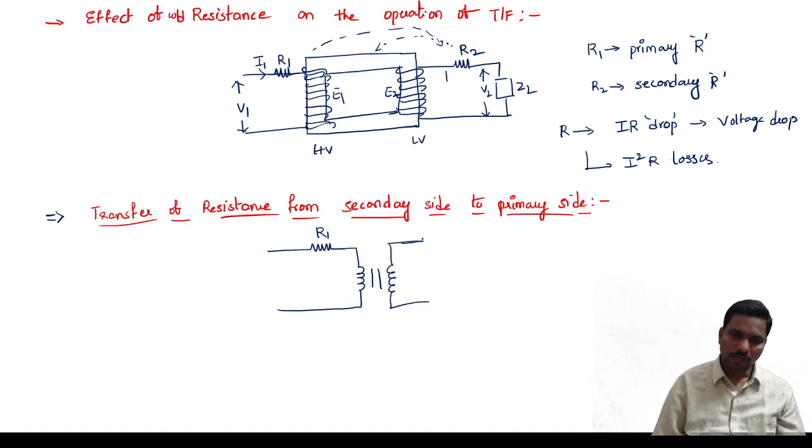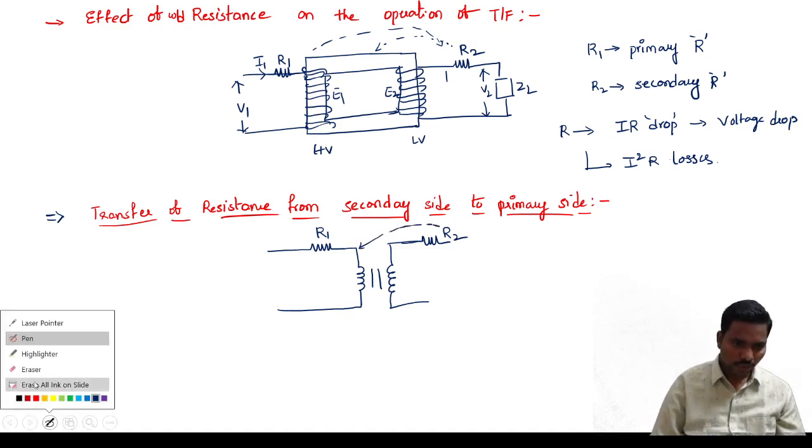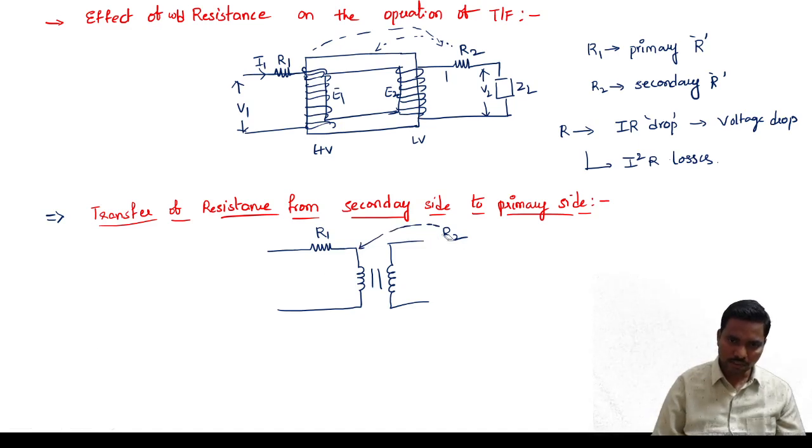Here we have our R2, but I am transferring this R2 to the primary side. To represent this R2 in the primary, I take it as R2 dash.